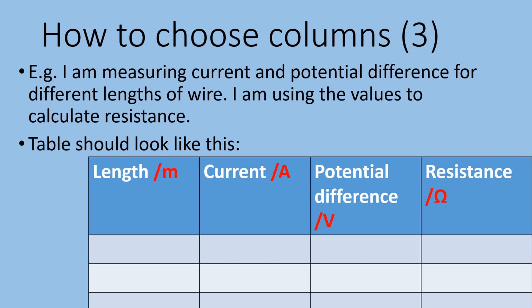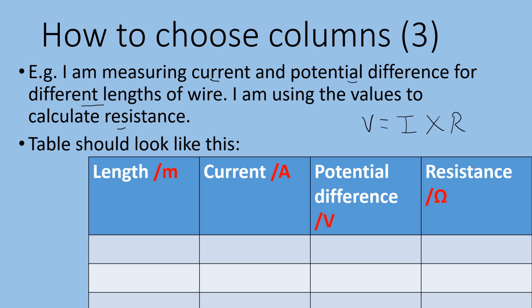Here's another example, a physics example. In this example, I'm measuring the current and potential difference for different lengths of wire, and I'm using the values to calculate resistance. So a lot of information is being given. First of all, I need to measure the length in meters, the current, the potential difference, and then the resistance. Now in this instance, you might need to use your formula V equals IR.